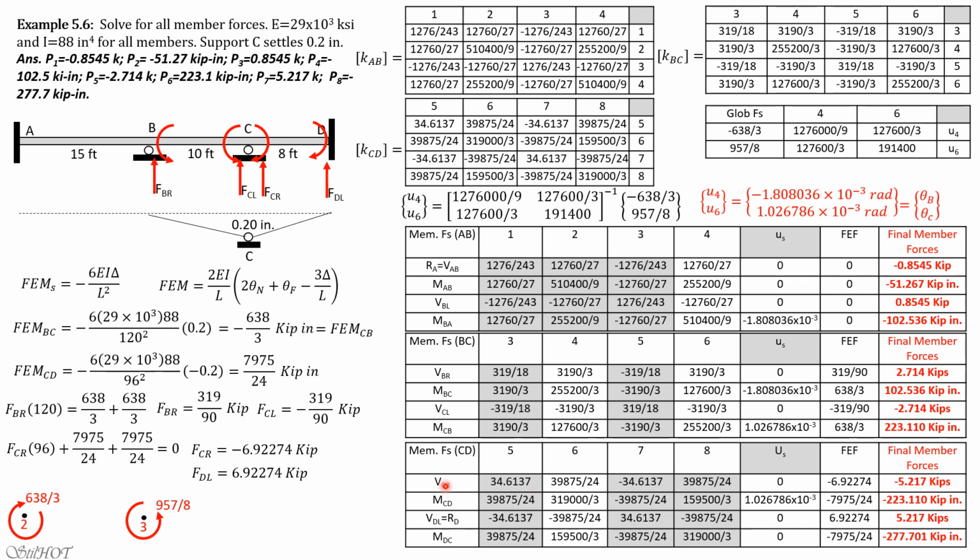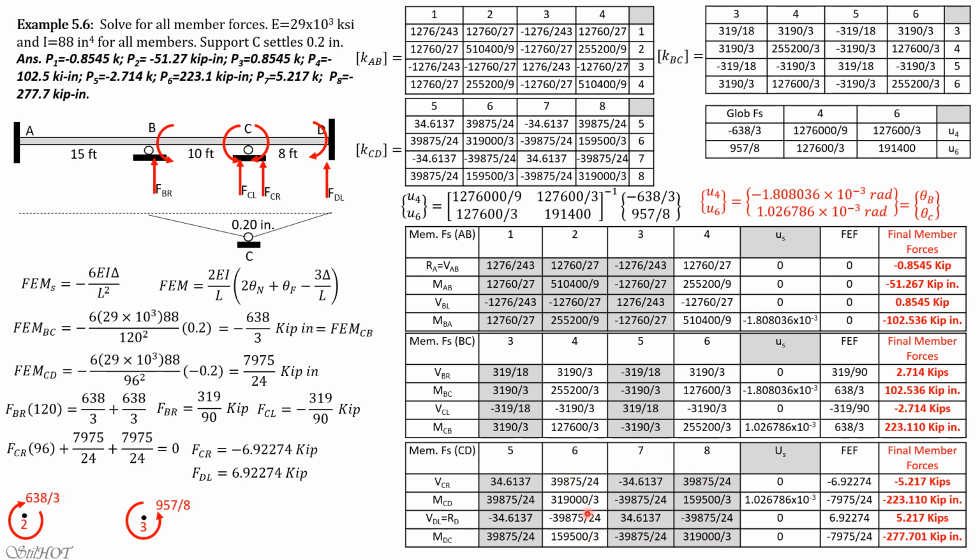Then for CD, 5678. So we copy the stiffness, which is this. Only U6 will have a value; 7 and 8 are zeros. So we shade 5, 7, and 8.